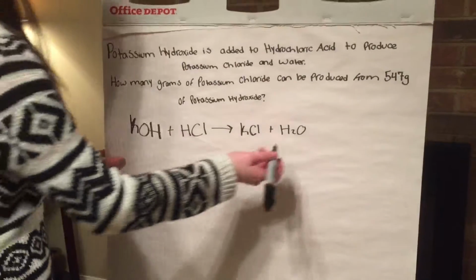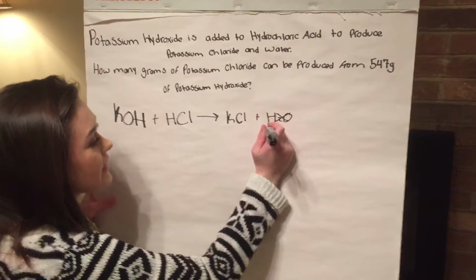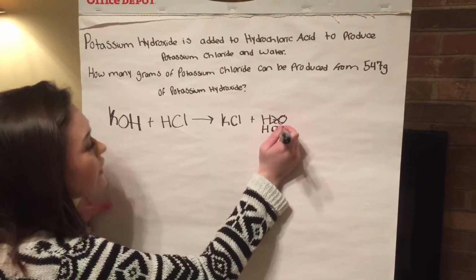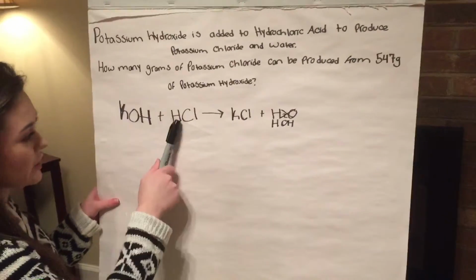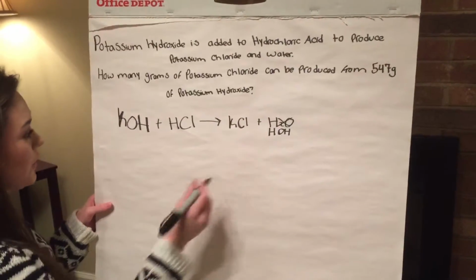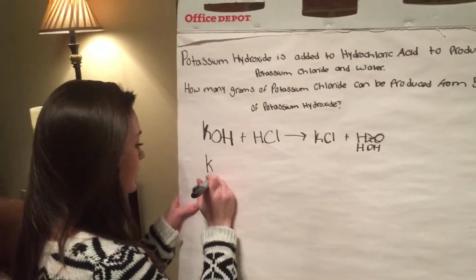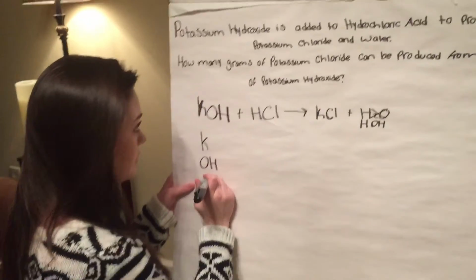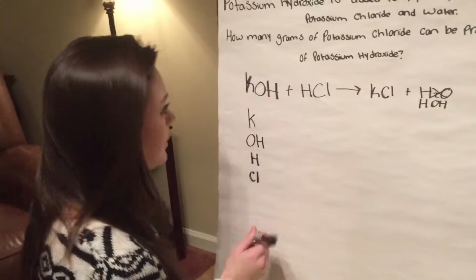So what we're going to do is consider this H2O as HOH, because on this side of the equation with your reactants you have an OH and an H to produce your H2O. So we have a potassium, OH, hydrogen, and chloride.